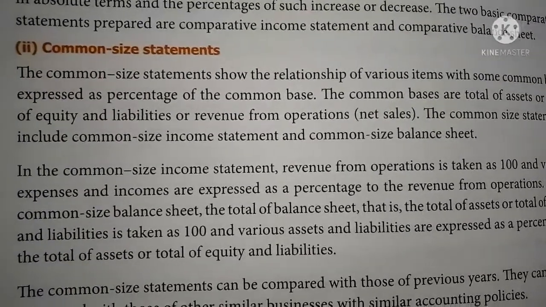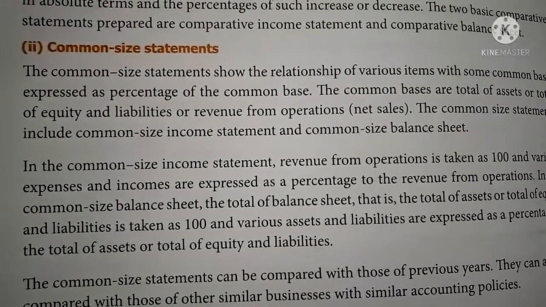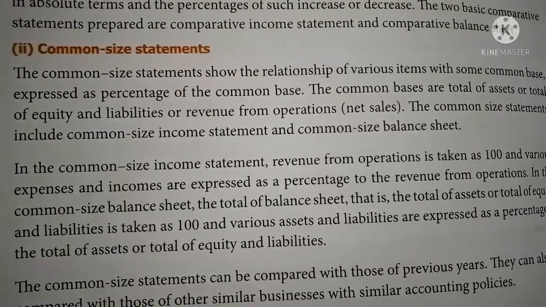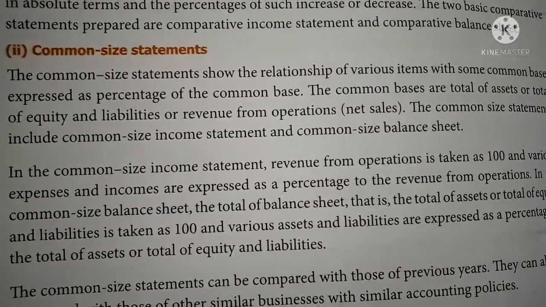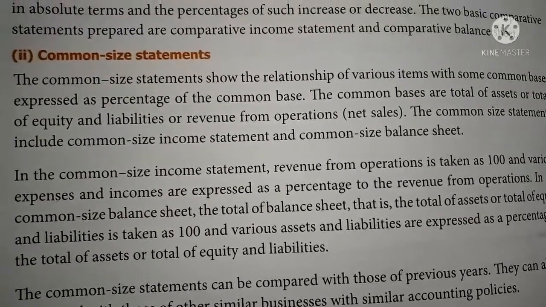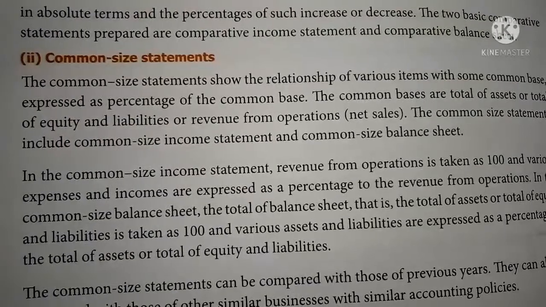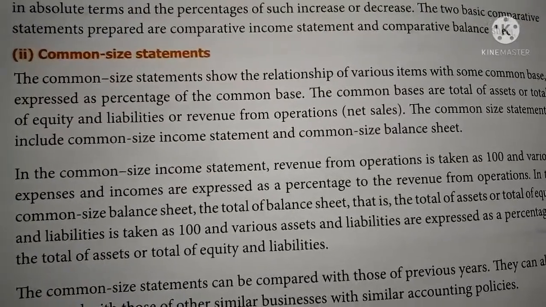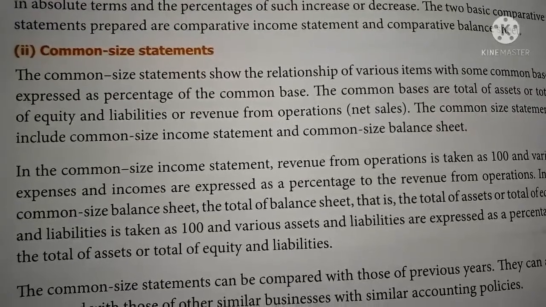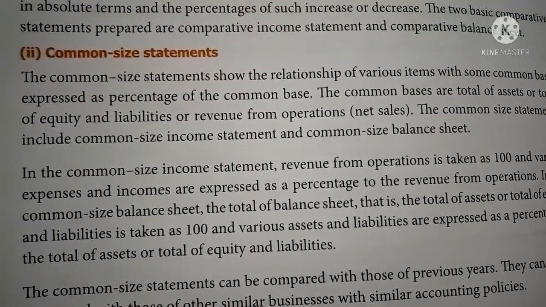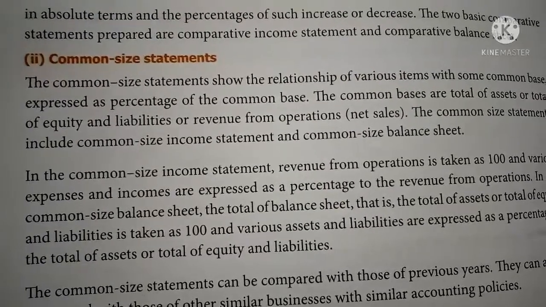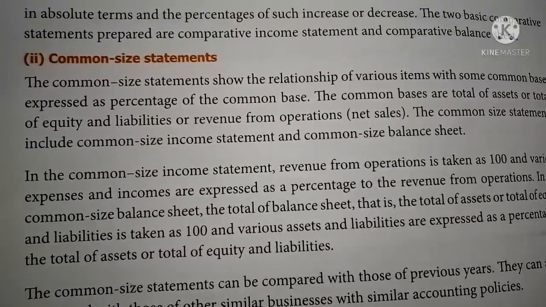Next, common size statement. The common size statement shows the relationship of various items with some common base and expressed as a percentage of the common base. So in the case of common size statement, the relationship between two items and also various items in the financial statement can be expressed as a percentage with the common base.